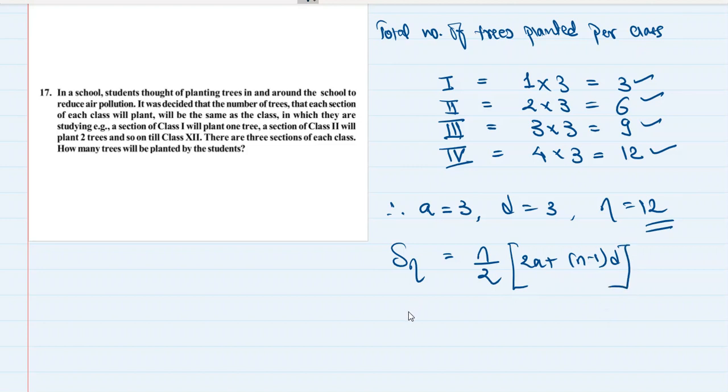Now, can you find S of n using the details which are given here? We have n, we have a, we have d, we have everything required to find S of n. S of n is S of 12, the total number of trees planted by class 1 to 12 of this school. Each class has 3 sections.